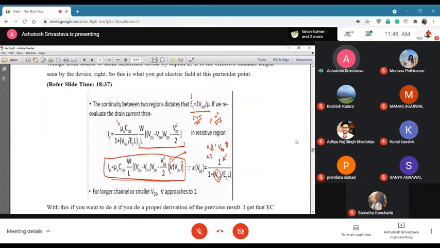So the continuity between the two regions indicates that EC is 2 times V sat upon mu. So the drain current in the resistive region, so what is resistive?